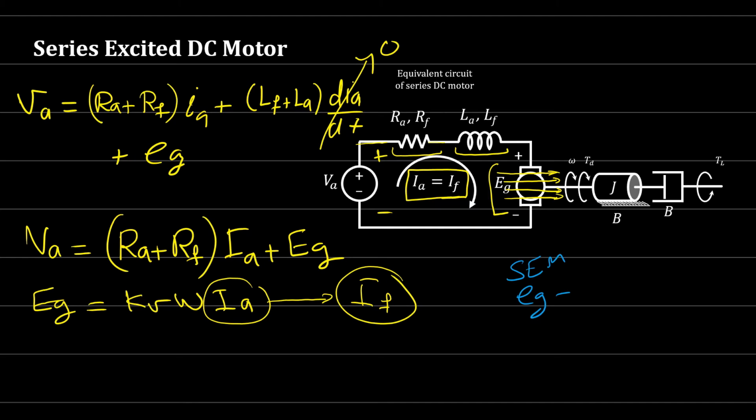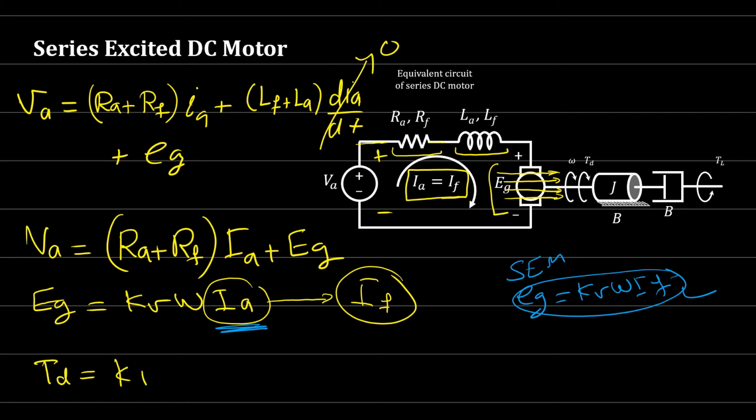So this is the original definition, right? But here we can put IA, no problems, because IA and IF are the same value. So EG is equal to KV omega times IA, and the developed torque TD is equal to KT times IF times IA, without any problems.